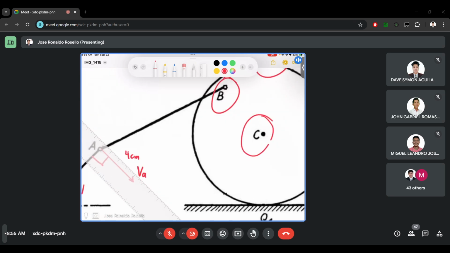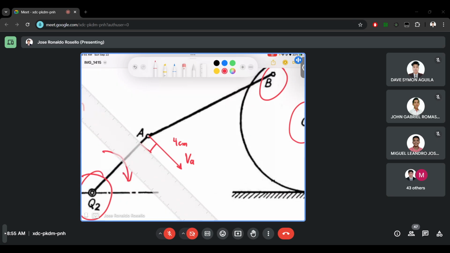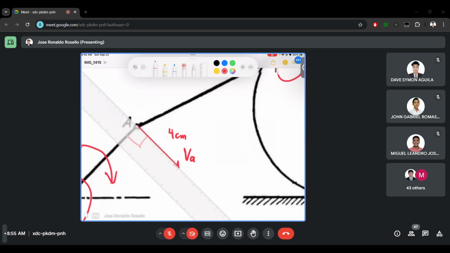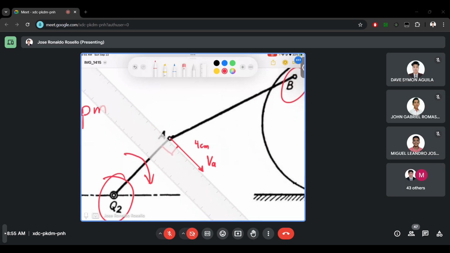We have velocity A. And now, oh, ba't nag-iba yung sukat? Ulit. Ano ba? Naduduling na ko. 1, 2, 3, 4. Sige. We now have velocity A.